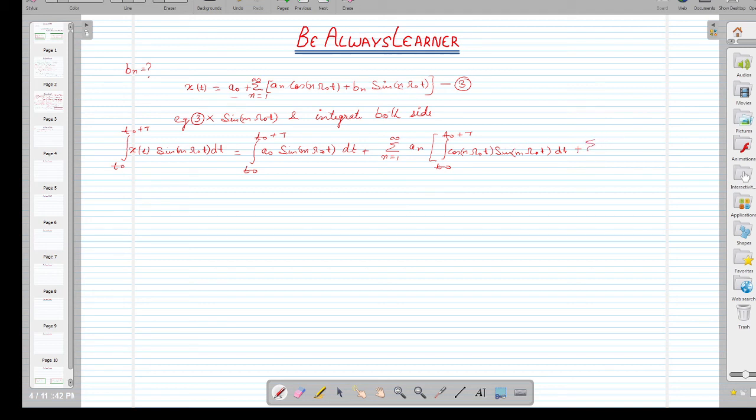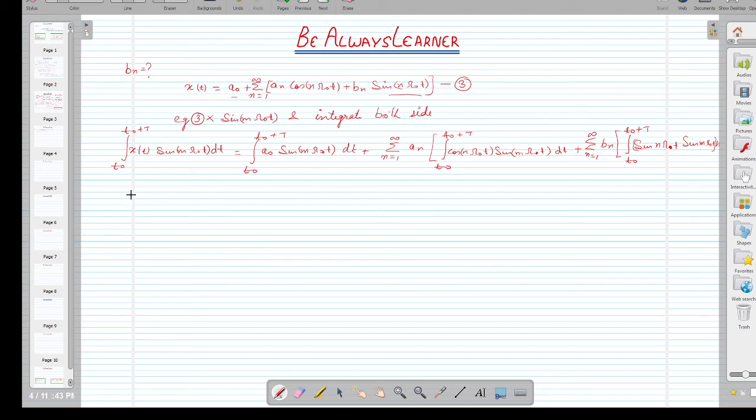plus we can write summation n is equal to 1 to infinity bn integration t naught to t naught plus capital T, here we can write sine of n omega naught t multiplied by sine of m omega naught t, and with respect to time we have to integrate.